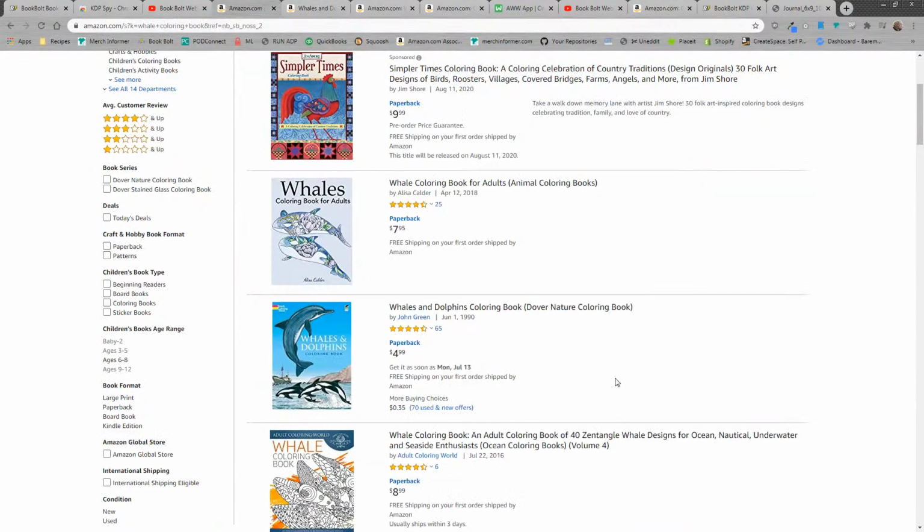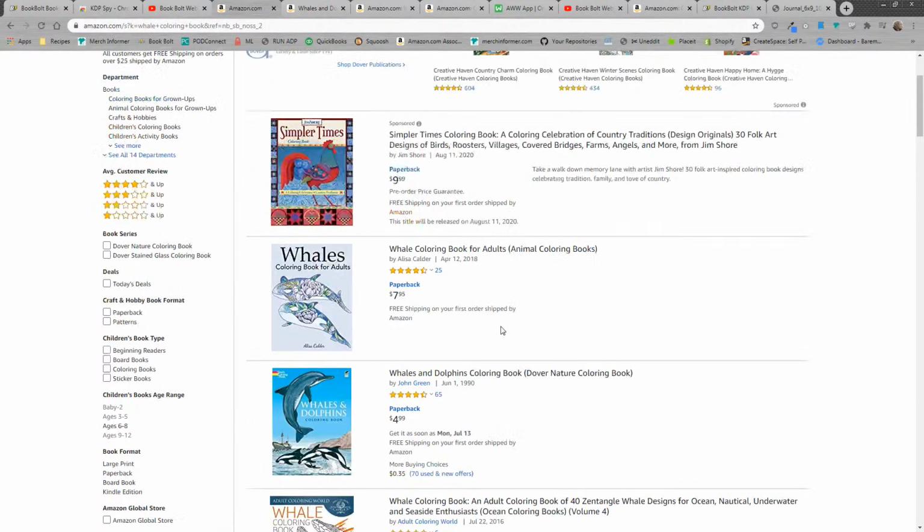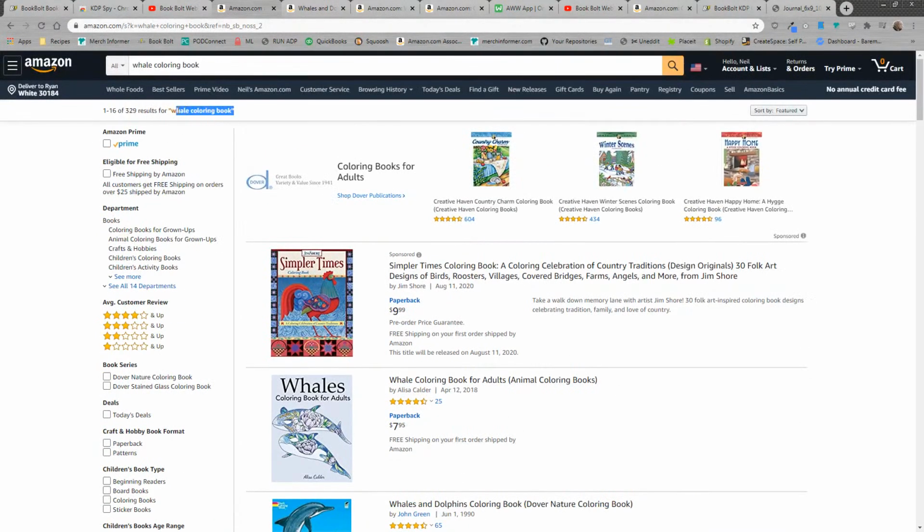Now, if you put up a book in a niche like this, one, you want to use your low competition keyword in the title. That'll help you rank. But number two, especially if you're doing coloring books, you can typically price them a little bit higher. Start running a little bit of AMS ads, and that'll instantly push you way up here. So instead of seeing Simpler Times when you type whale coloring book, you're going to see your book pop up here.